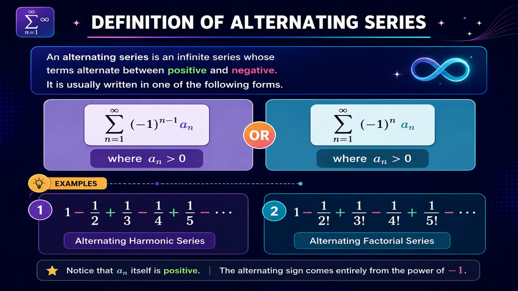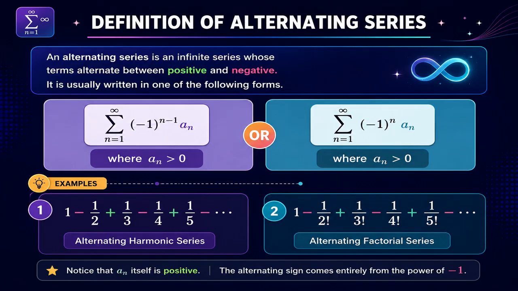In this lesson, we will learn exactly what alternating series are, how to determine whether they converge, and how to estimate their errors. Look at the famous example on the left side of the slide, the alternating harmonic series.